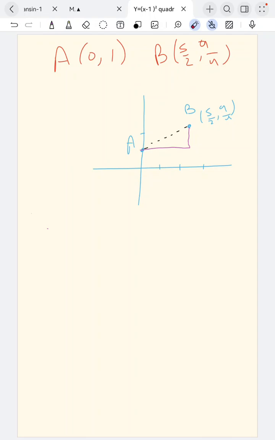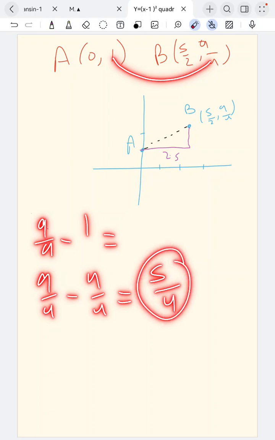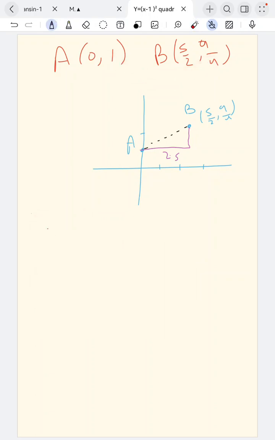So for example, from 0 to 2.5, what's the distance from here to here? That's going to be 2.5. And the distance from here to there, how much is it? That's from 1 to 9/4. You can make it 9/4 minus 1, which is 9/4 minus 4/4, so 5/4. So this distance is 5/4.